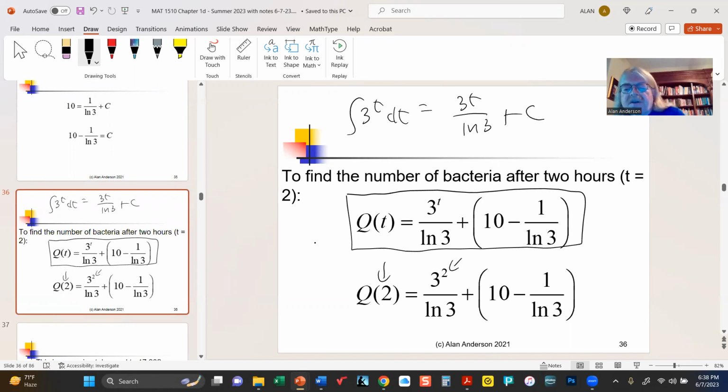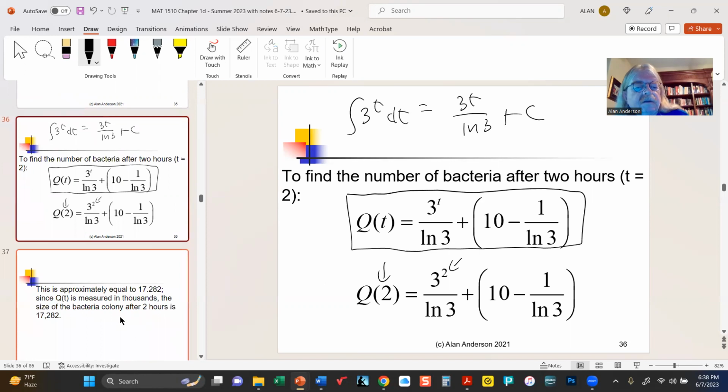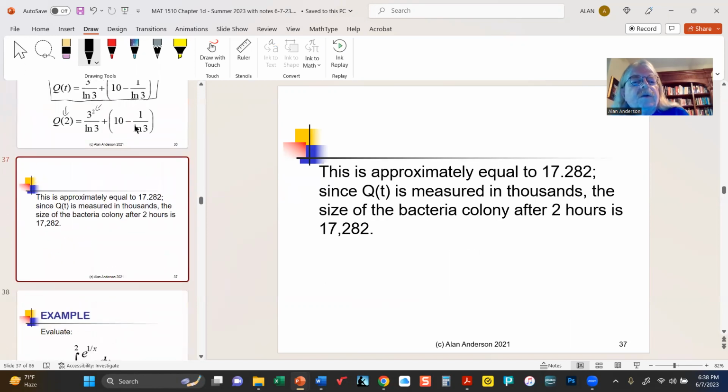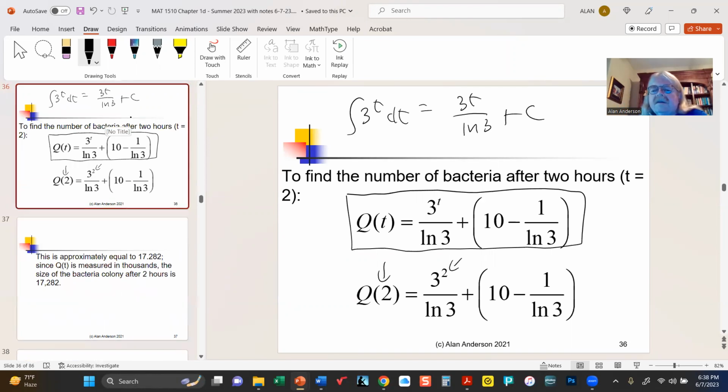And whatever this number is equal to is our answer. Now, I can see on the next slide that that's approximately equal to 17.282. But since this is in thousands, that's equal to 17,282.